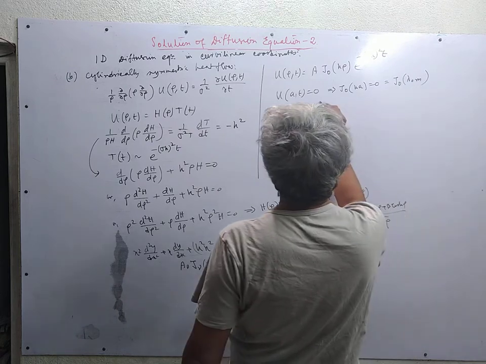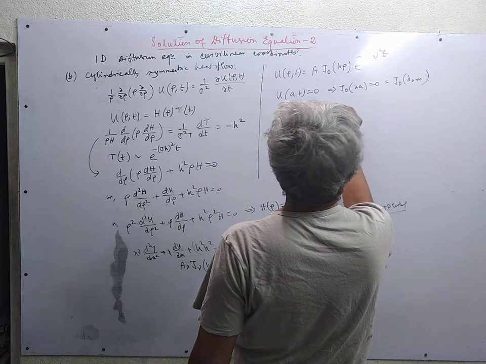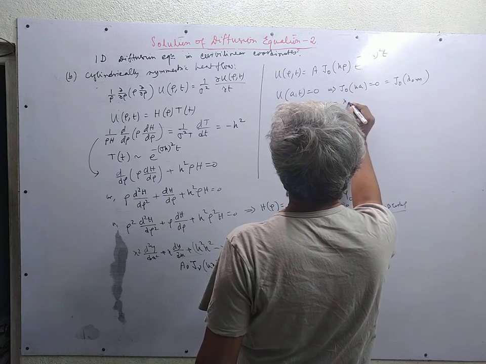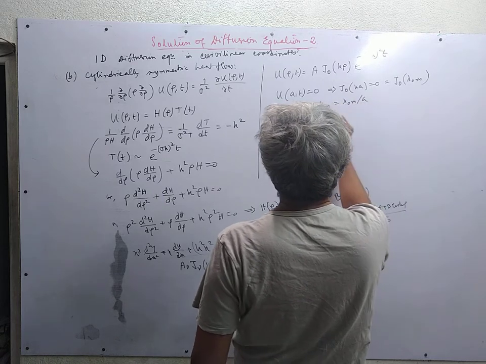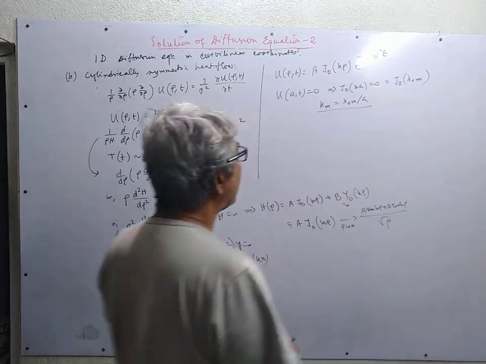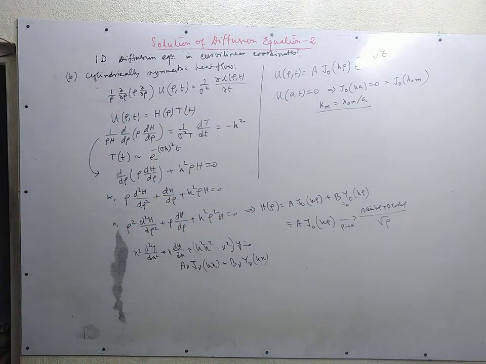So we see that km is equal to lambda 0m by a, and the discrete values of k are obtained from the zeros of Bessel functions.